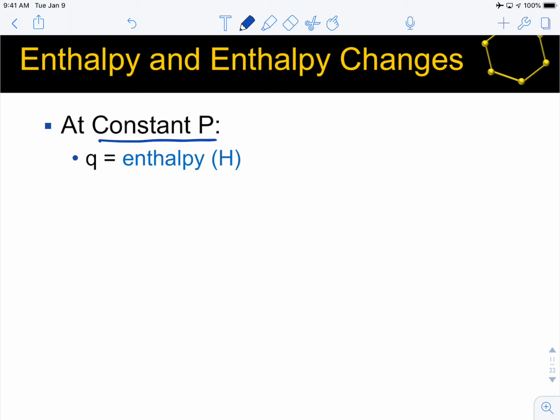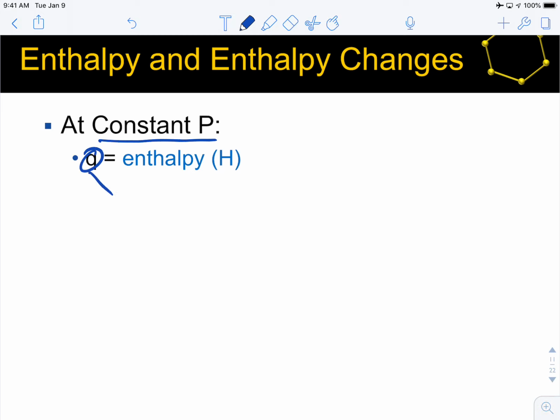Now, if you're talking about something in the lungs, yes, that pressure is changing. But if you're just talking about a reaction in your stomach, or a biochemical reaction dealing with proteins or enzymes, we can pretty much say that's constant pressure. And if you're doing something in the laboratory that's not in some sort of sealed chamber that's producing gas, it's going to be a constant pressure. So that's really all enthalpy is.